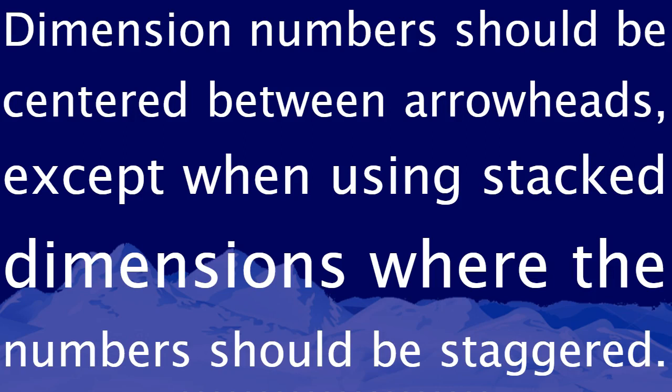When you place a dimension, Inventor does a real good job of doing all of this for you. However, if you have several dimensions that are very close together, you will offset those so that they're easy to read. And this is only whenever the dimensions are so close that it makes them difficult to read. So you would offset them a little bit. Push one to the left, push one to the right.